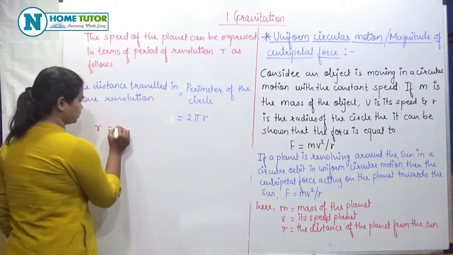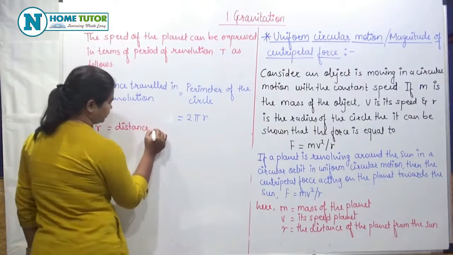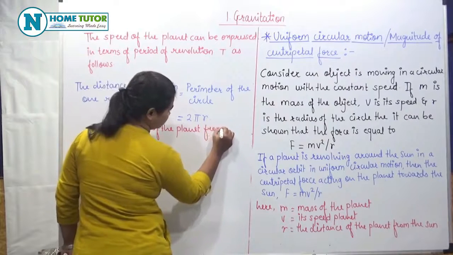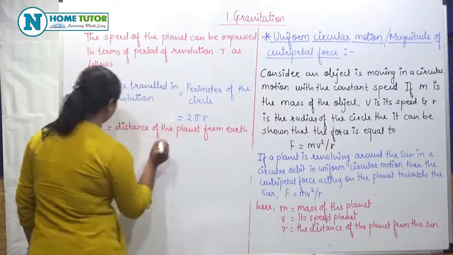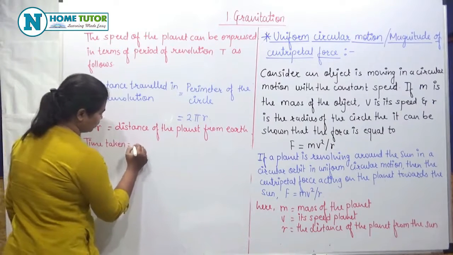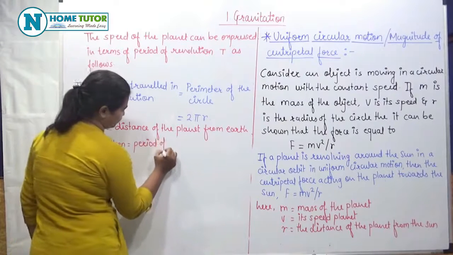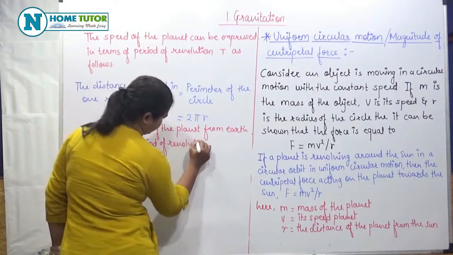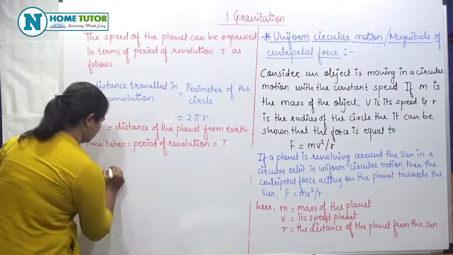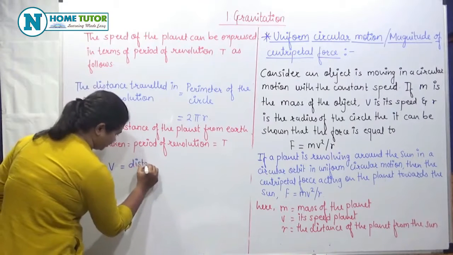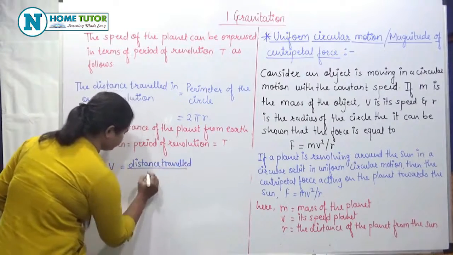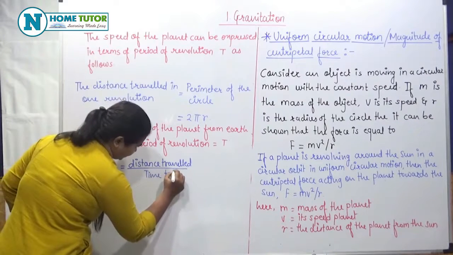Now r is the distance of the planet from the sun, and time taken is equal to period of revolution, that is T. Therefore, speed, that is v, is equal to distance travelled upon time taken.